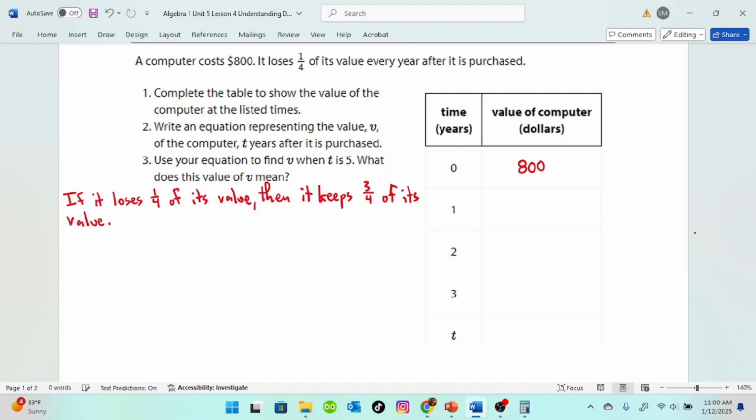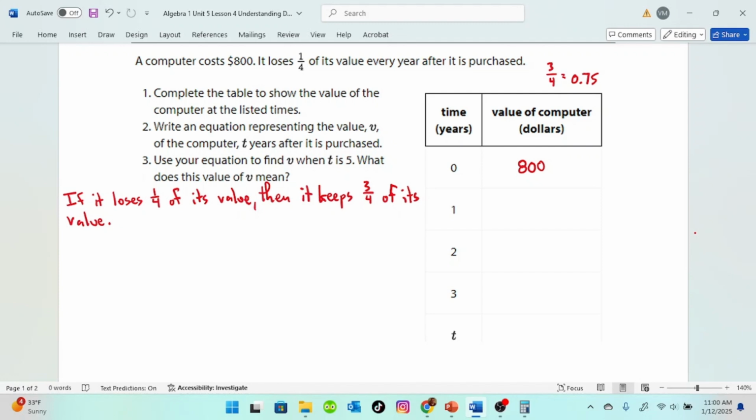So each time we add a year, we're going to multiply that value by 3/4, or if I want to put it into a calculator, 3/4 is the same as 0.75.